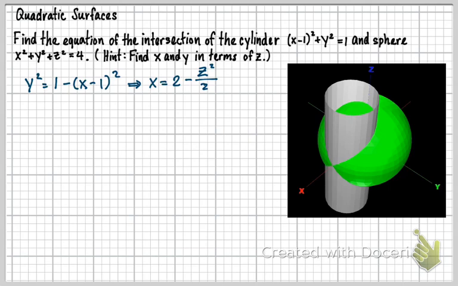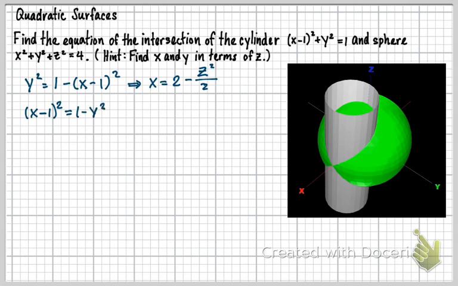Now we're going to take this equation here and solve for x. So the first step I'm going to do is just move that y squared over to the other side. So I'm going to get (x − 1) squared equals 1 minus y squared.